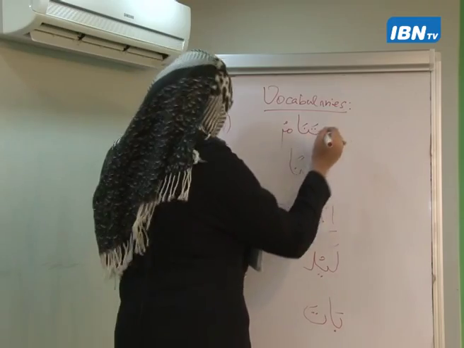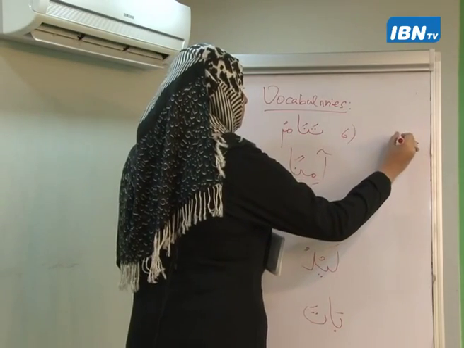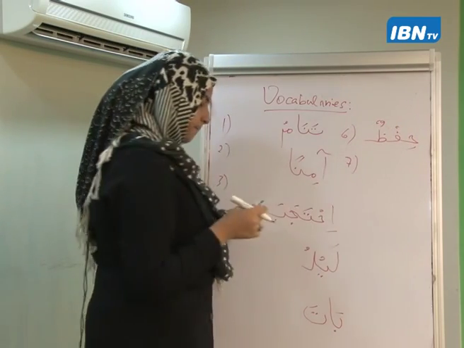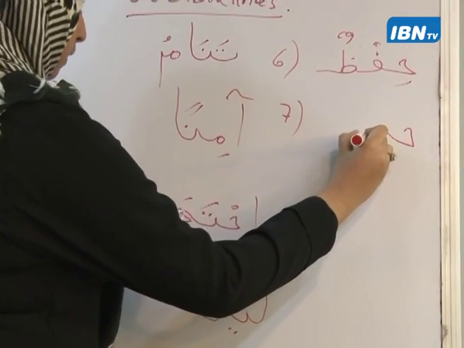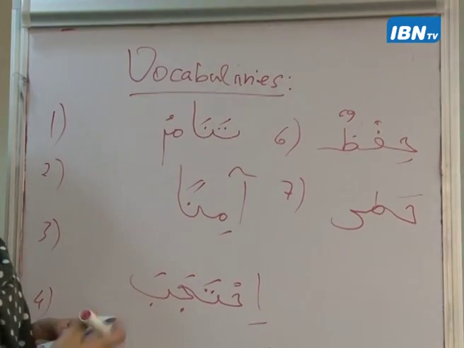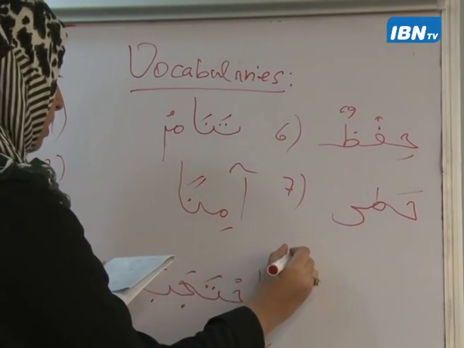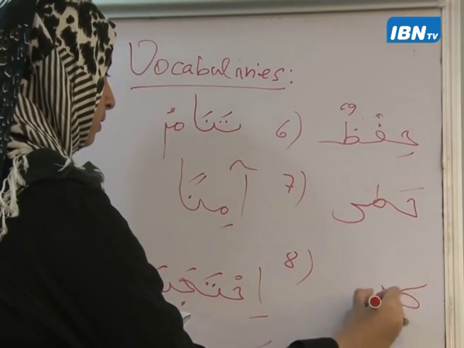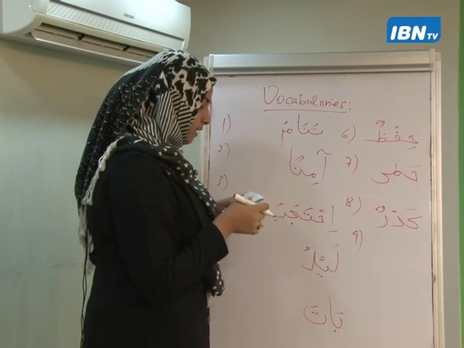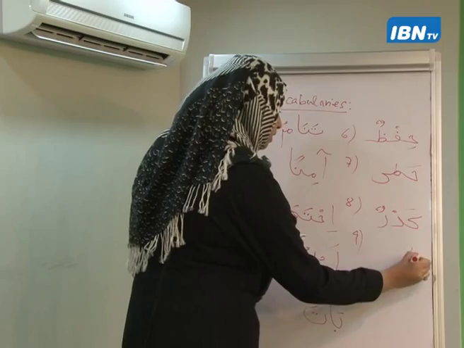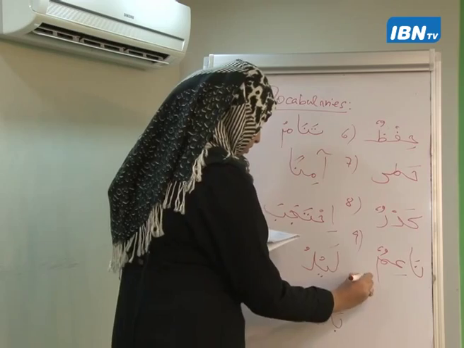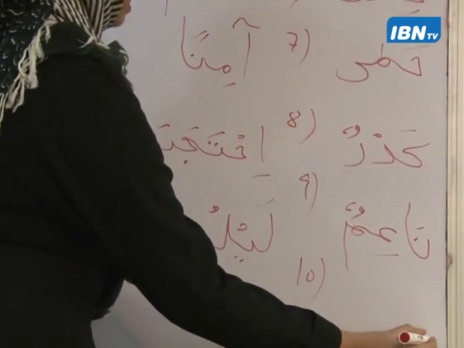We have hifdhun. We have hama. Hifdhun and hama are actually synonyms. They mean the same. Then we have qadrun. So you see there are a lot of vocabularies here that we can use to compose poems, and also you can use them in simple sentences. We have na'imun. And we have saliman.